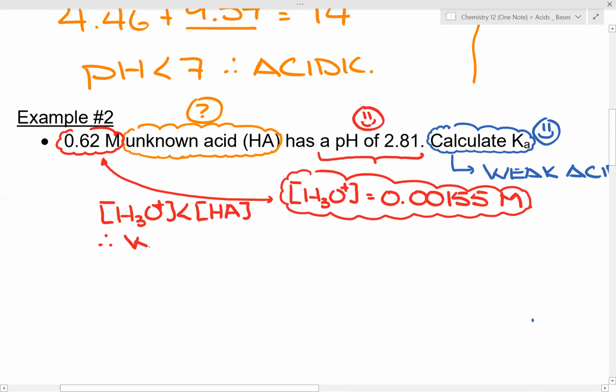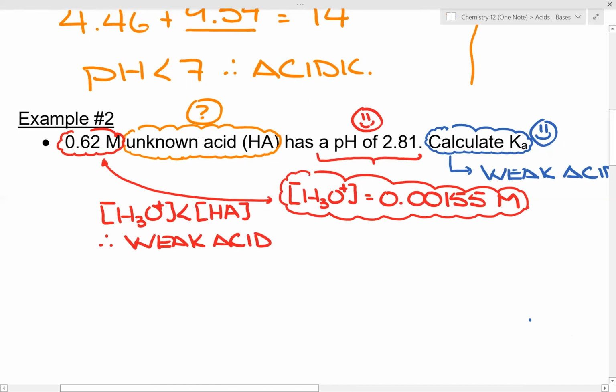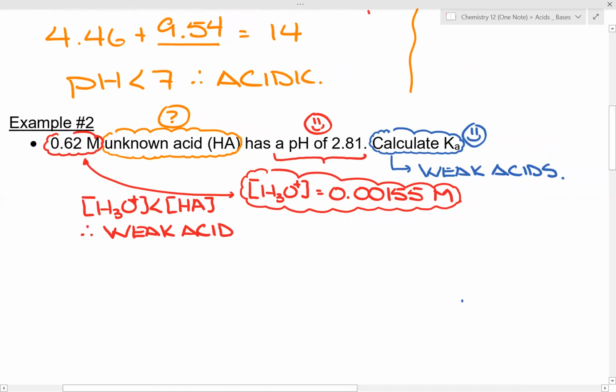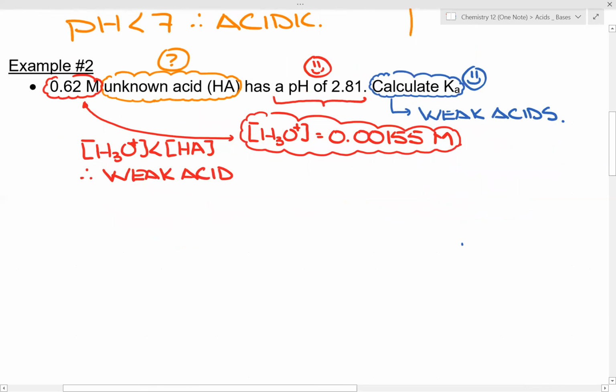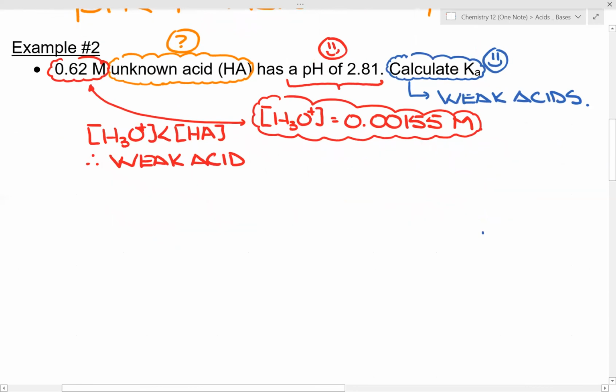Therefore, it is a weak acid as well. So these are the two hints that you can take a look at. Number one, they ask you to calculate Ka. Number two is you are looking at the concentration of the acid and the concentration of the H3O plus.